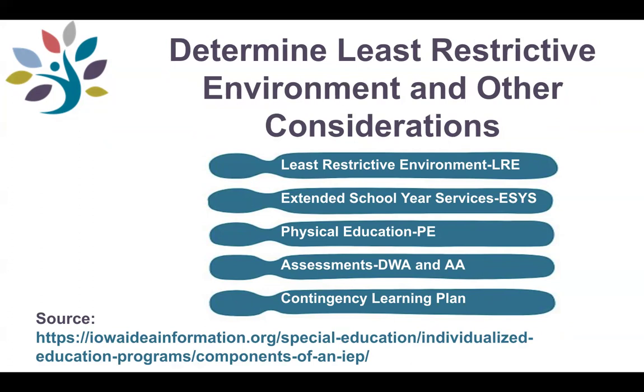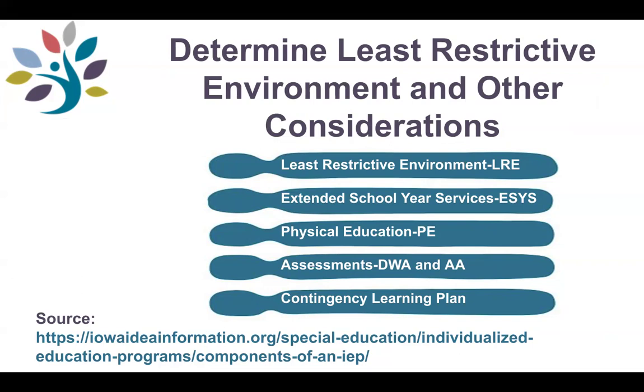So here is a list. The least restrictive environment is the percentage of the day that your child will spend in special ed versus the general ed classroom. We look at the extended school year services. Each year, data is analyzed to determine if your child is eligible for extended school year, or ESY, services. We look at whether there need to be any modifications or accommodations for your child to participate in physical education.